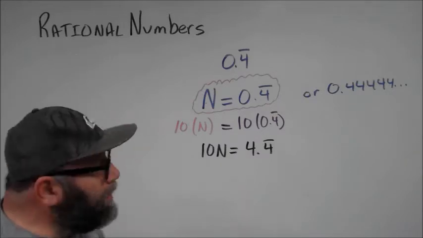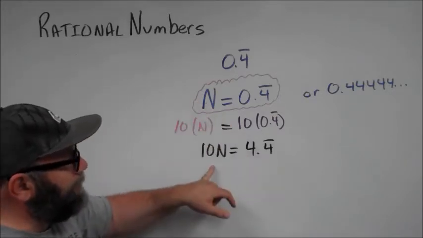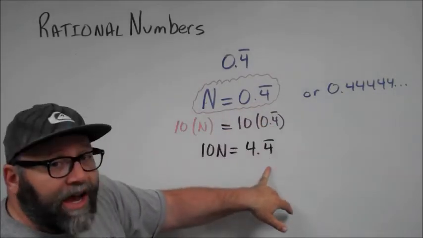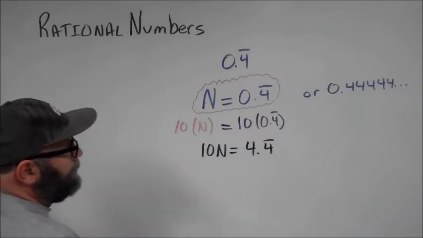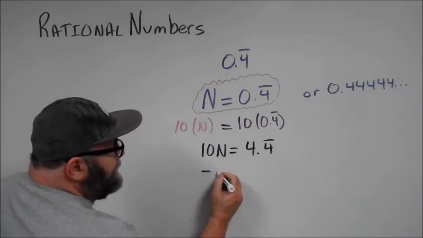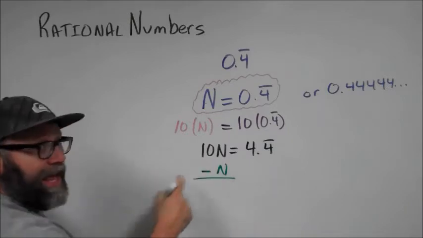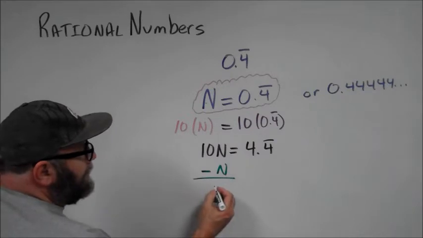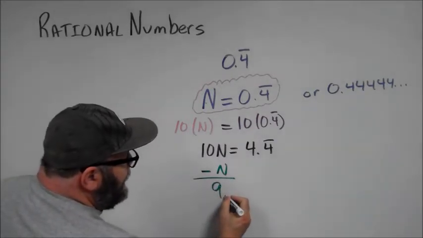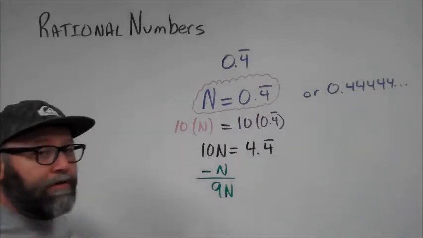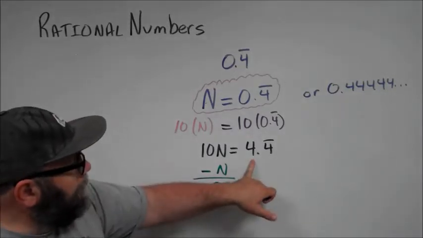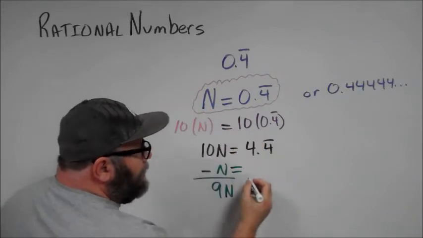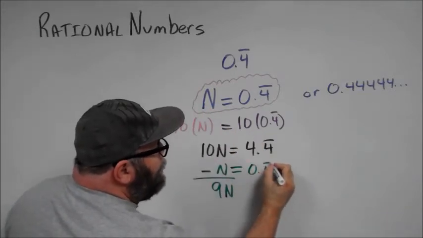Because of that, what I'm going to do down here is subtract n from this side, and subtract the equivalent of n from that side. If I say minus n, I have 10 n's and I want to take away one of those n's. That's going to leave me 9n. On this side, I'm taking away the equivalent of n, which is 0.4 repeating.